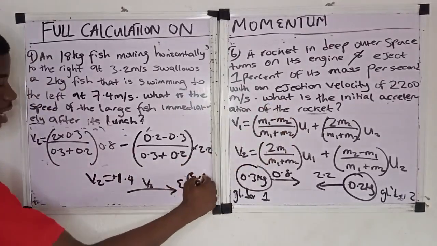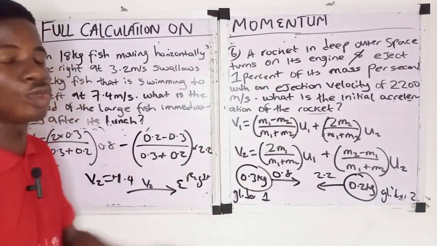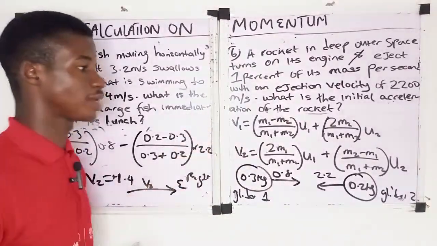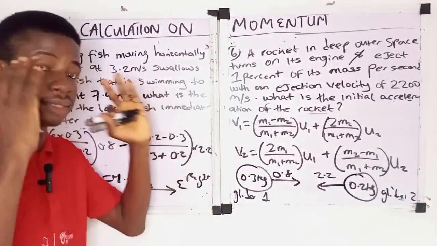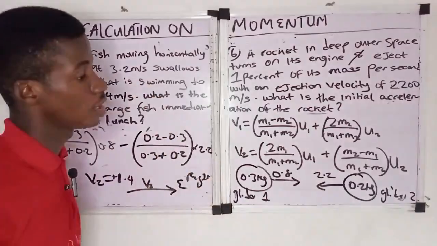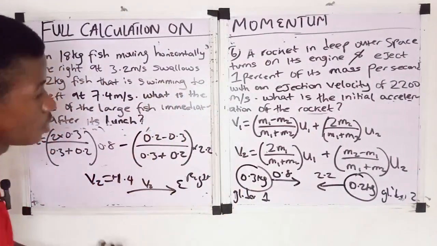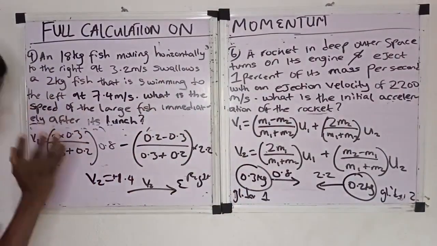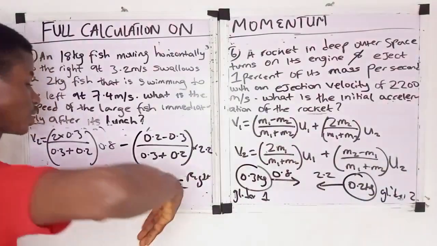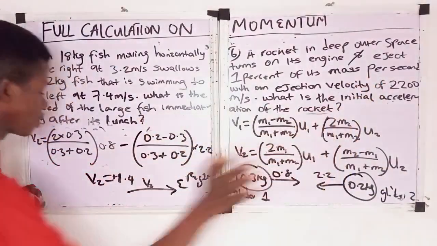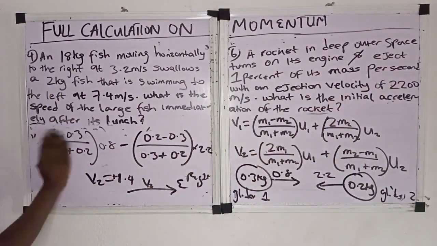This is the formula you can use, so just know the formula and keep making use of it so that you can know it, because deriving the equation is a long process. So the final velocity V2 after they collide is 1.4 in the right direction. Okay, now let's do question 4.